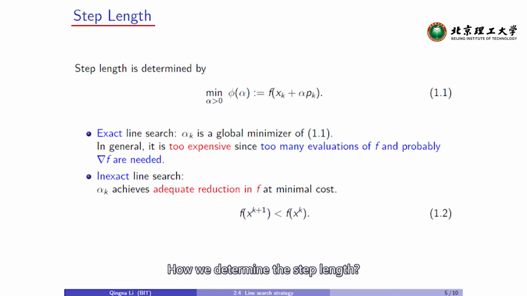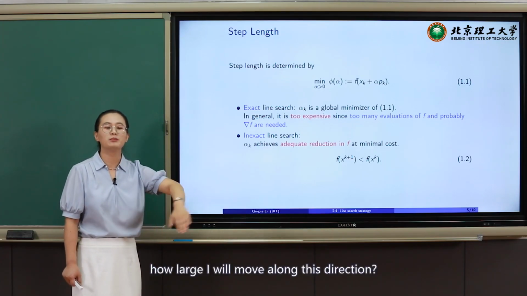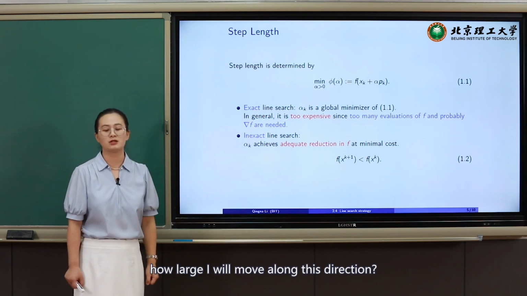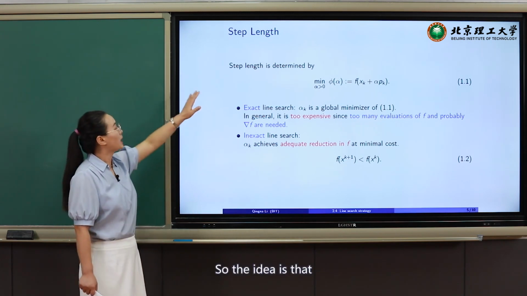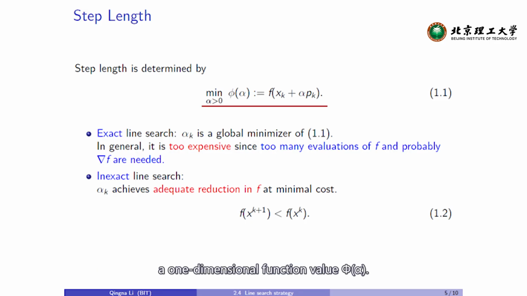Now, let's take a further look at the step length. How do we determine the step length? In other words, how far will I move along this direction? The idea is that we try to minimize a one-dimensional function phi alpha in order to reach a smaller phi alpha.